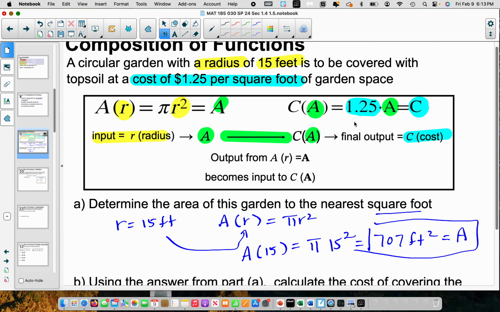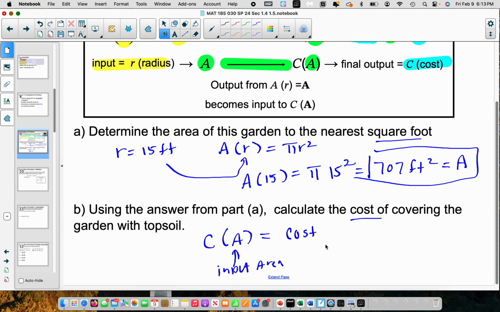And cost is represented by $1.25 per square foot. So I'm going to take that 707, and that gives me an output of $883.75.